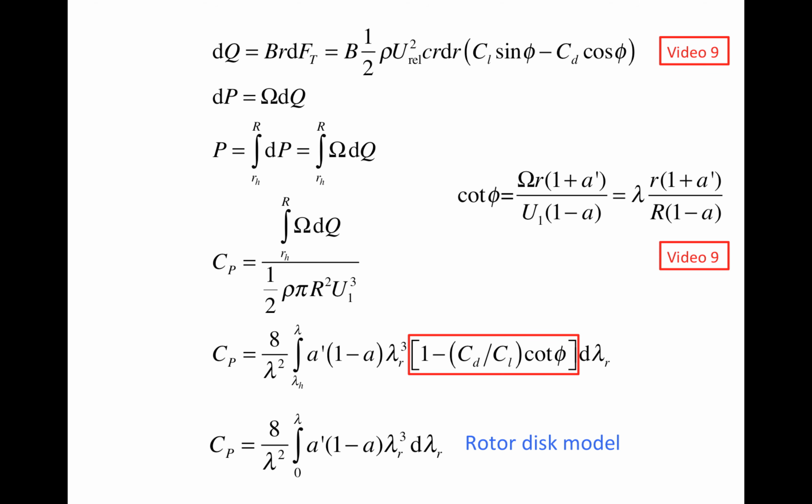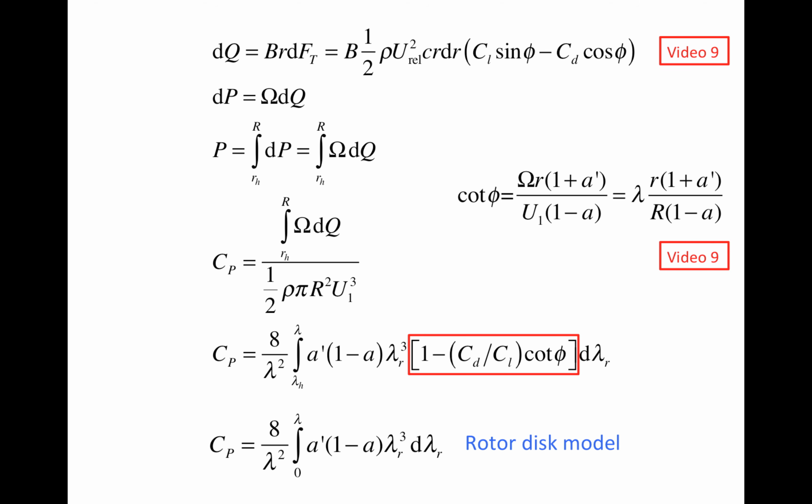So the power generated by the ring is just the torque multiplied by the angular speed, capital Omega, of the rotor. And the power generated by the entire rotor disk is just an integral of the power contributions from all annulus rings.